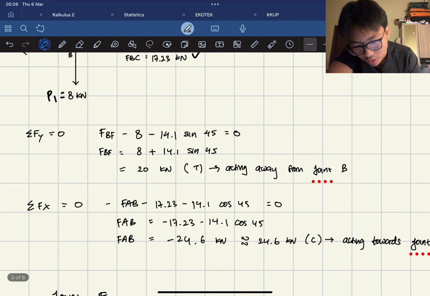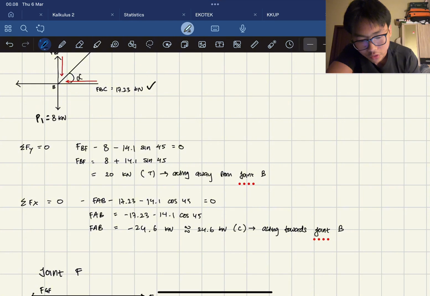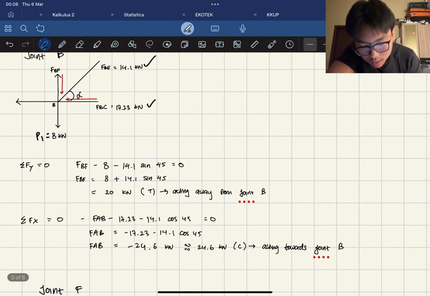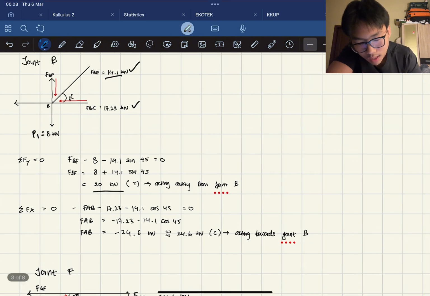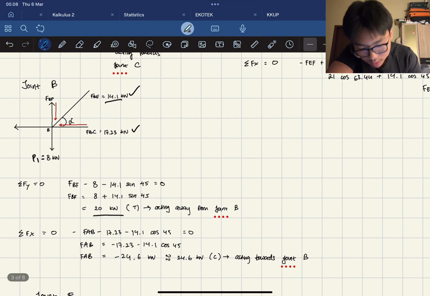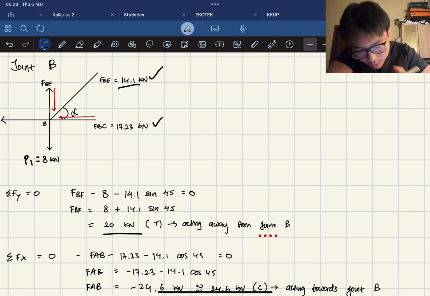So for sigma Fy, the formula would be FBF minus 8 minus 14.1 sin 45 equals 0. After we calculate, we would get 20 kN, and the state would be tension because FBF is acting away from joint B.